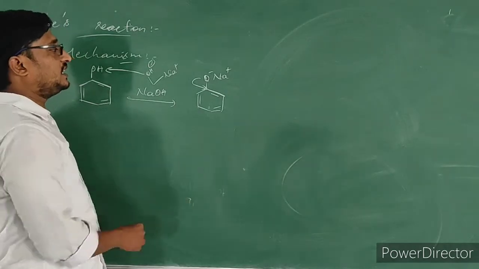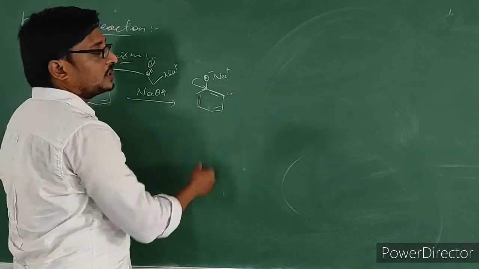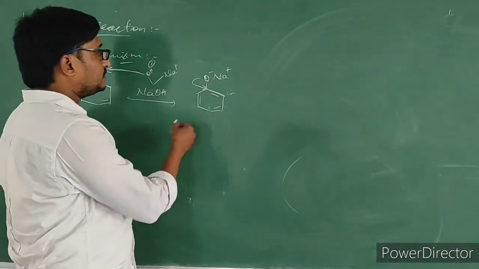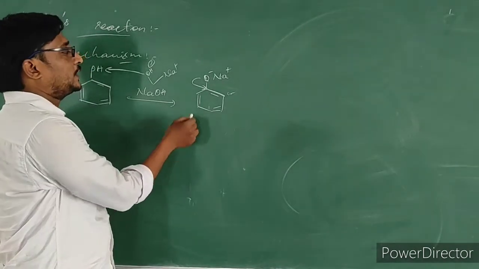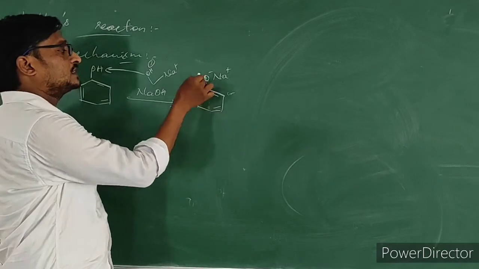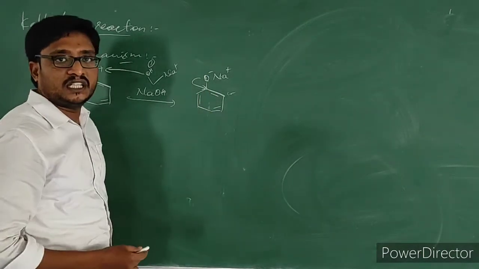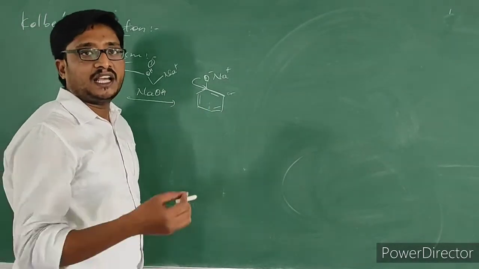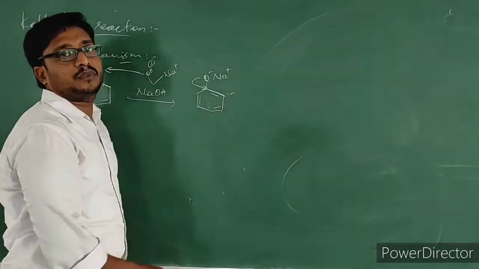So due to the resonating effect, electron density will increase at the ortho and para positions. In phenoxide ion, electrons are donated from oxygen towards the benzene ring, so electron density will increase at the ortho as well as the para position.